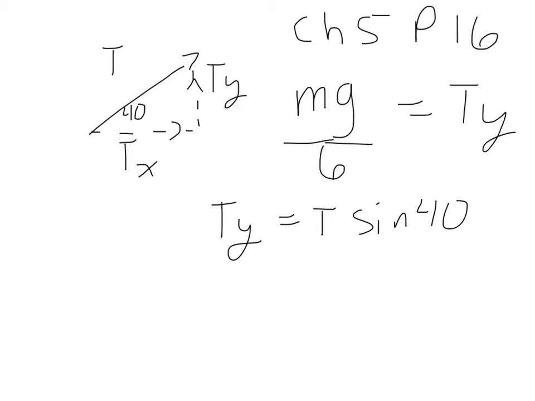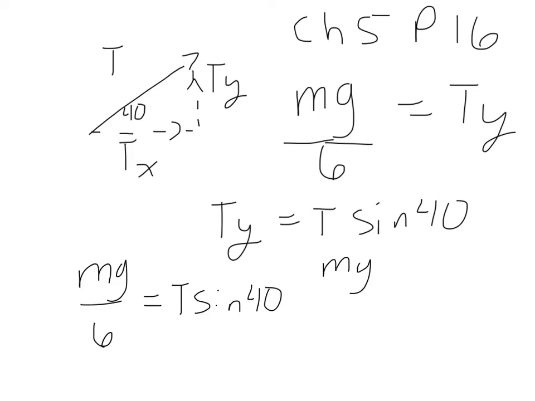So now we substitute and we have mg over 6 is equal to T sine 40. And we want to solve for T in terms of mg. So that's going to be mg over 6 over the sine of 40 is equal to T.